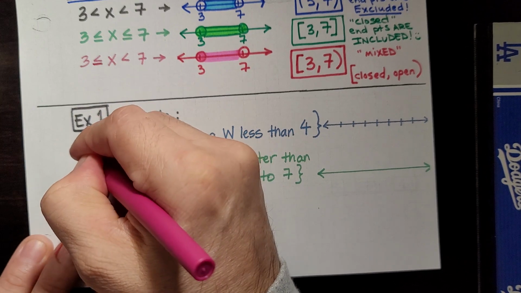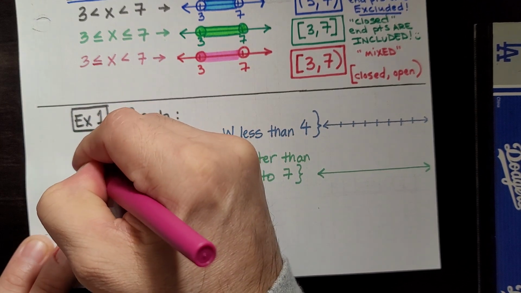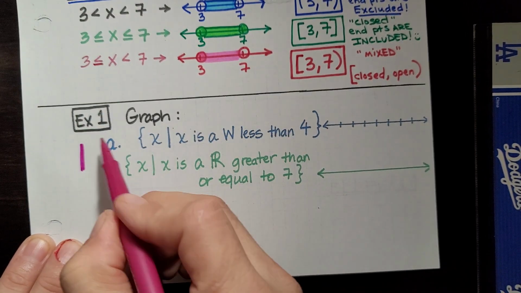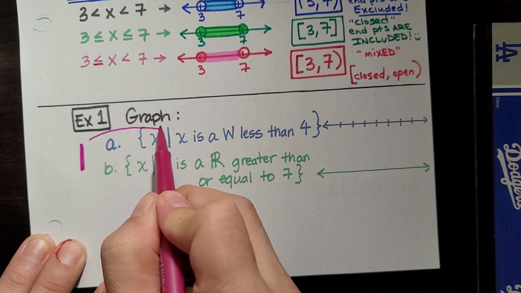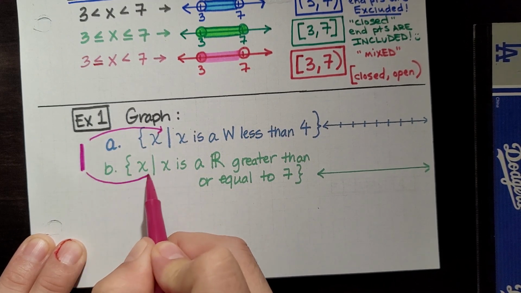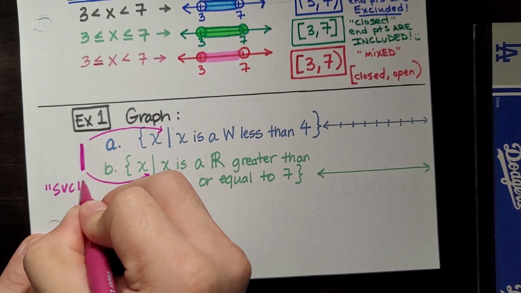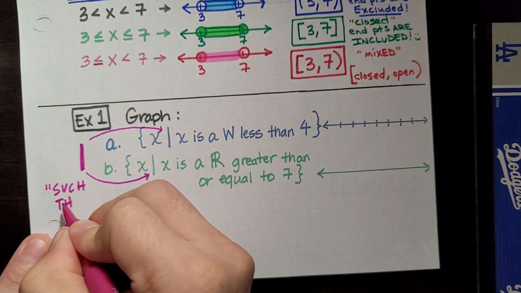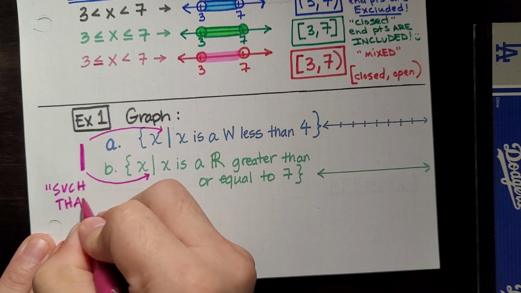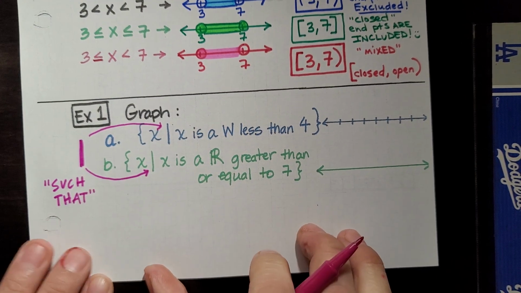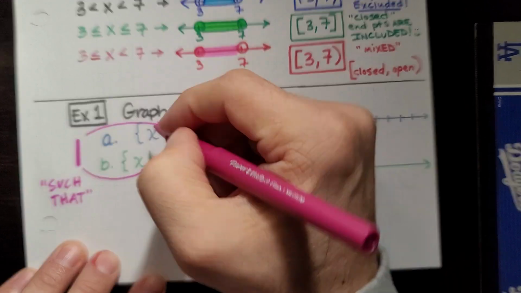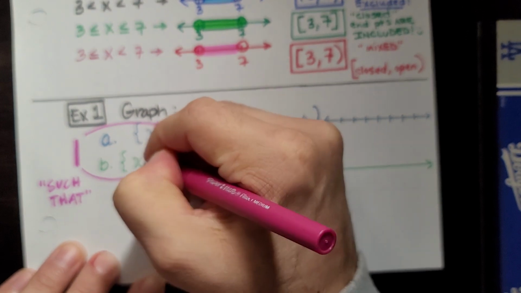What does this bar right here mean? This vertical line, if it's only one of them, right here and down here. It means such that. Can you see that? Yesterday it was off the screen. Yeah, that's legible. Such that right here and right here.